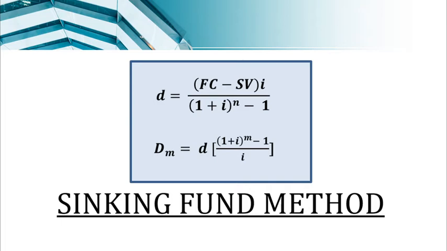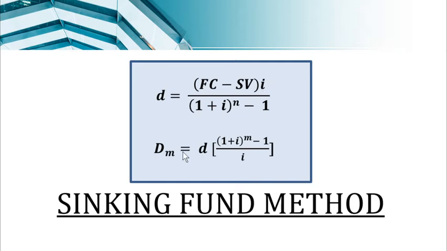And here are the formulas we are going to use when we say sinking fund method. We have D, the annual depreciation, is equal to first cost minus salvage value multiplied by I over 1 plus I raised to N minus 1. Again, your FC is the first cost. Then SV is salvage value. I is the interest rate of your money. Okay?